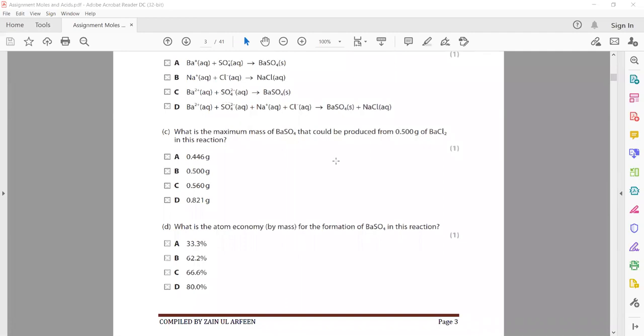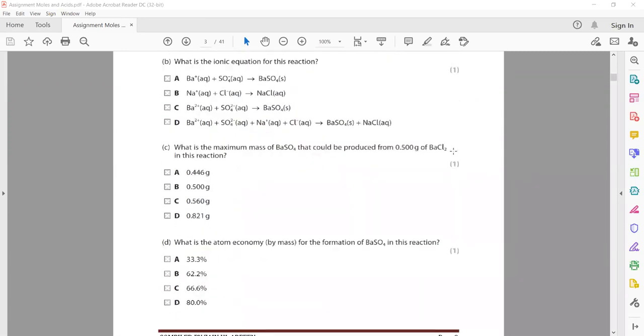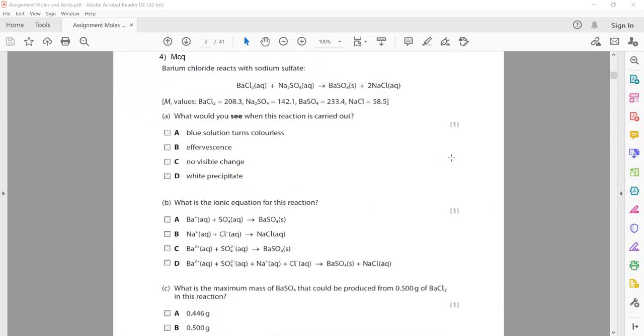The next part, what is the atom economy by mass for formation of barium sulfate? So the atom economy is the mass of the desired product divided by the total mass of reactant or product, times 100.